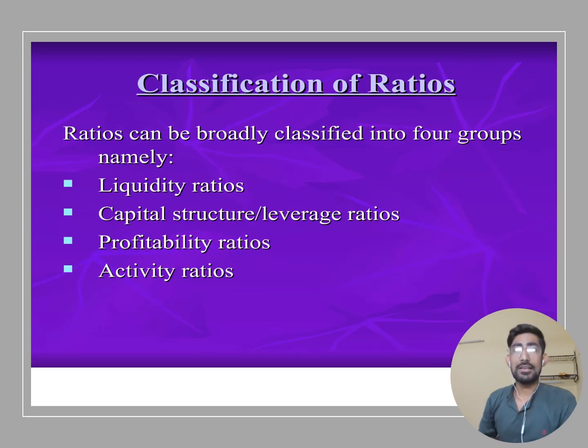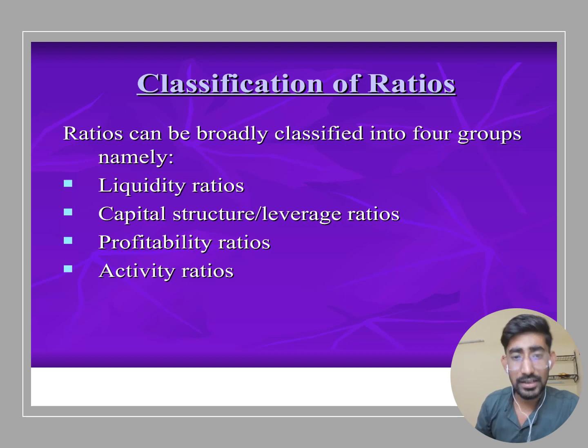Okay, so let us start with the classification of ratios. I'm not going to give a proper definition or discuss in depth, but I'm just revising the whole ratio analysis chapter, so it would be better for you. Ratios can be broadly classified into 4 categories.